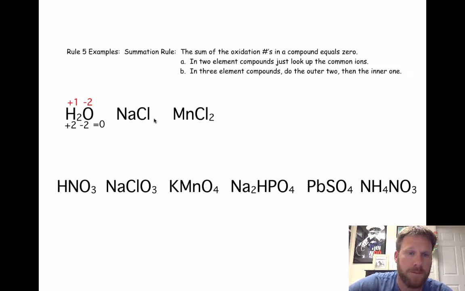Another 2-element substance, so sodium is in group 1 of the periodic table. Everything in group 1 has a +1 charge on their ions, therefore a +1 oxidation state. Chlorine is in group 7 of the periodic table. All atoms in group 7 of the periodic table have a -1 charge on their ions, so chlorine has a -1 oxidation state.